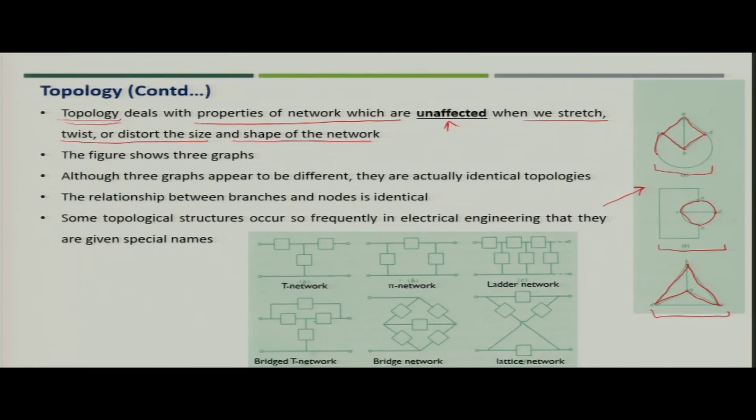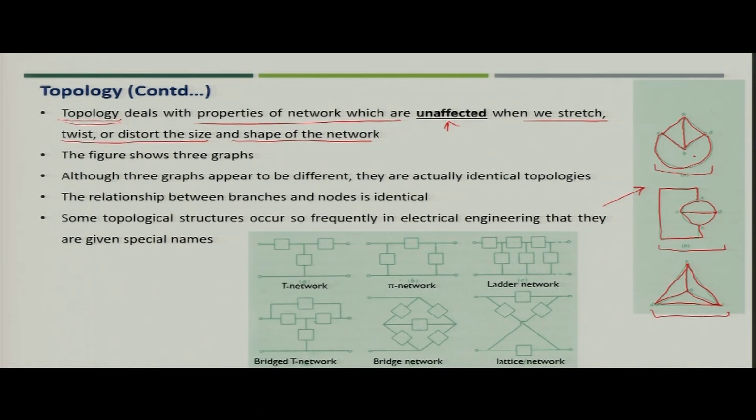Now, C is connected to D in this fashion, here in this fashion, and here in this fashion. Finally, we are connecting A to B through a straight line. Here we are connecting A to B like this, and similarly A is connected to B like this. Now, since connectivity information is the same, it means that topology is the same.